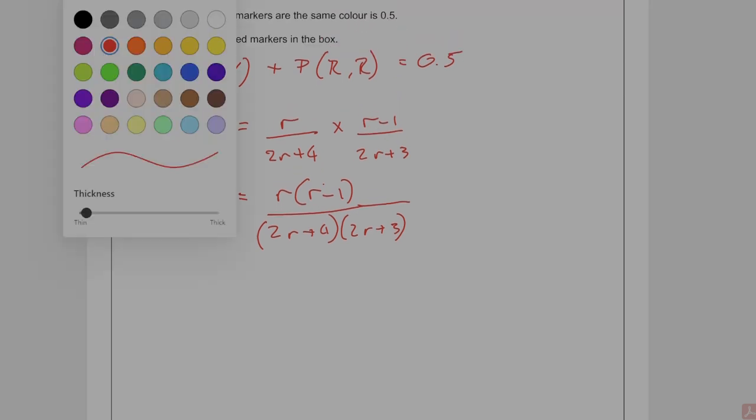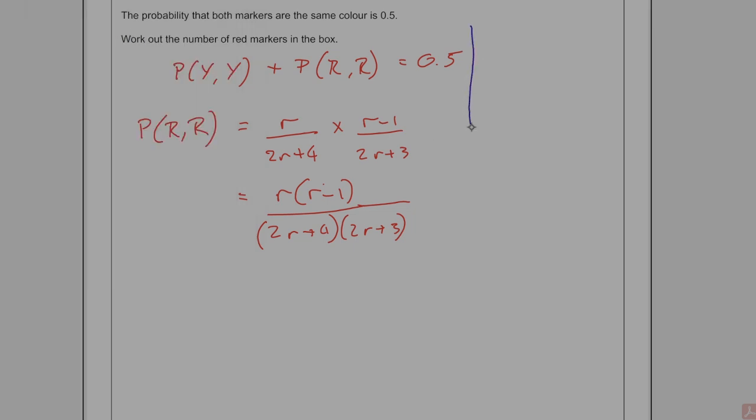So I think I should have been a bit more careful about my working space, so I'm going to try and do it over here. So the probability of yellow and yellow, so PYY, is going to be equal to R plus 4 divided by 2R plus 4 times by R plus 3 times by 2R plus 3.